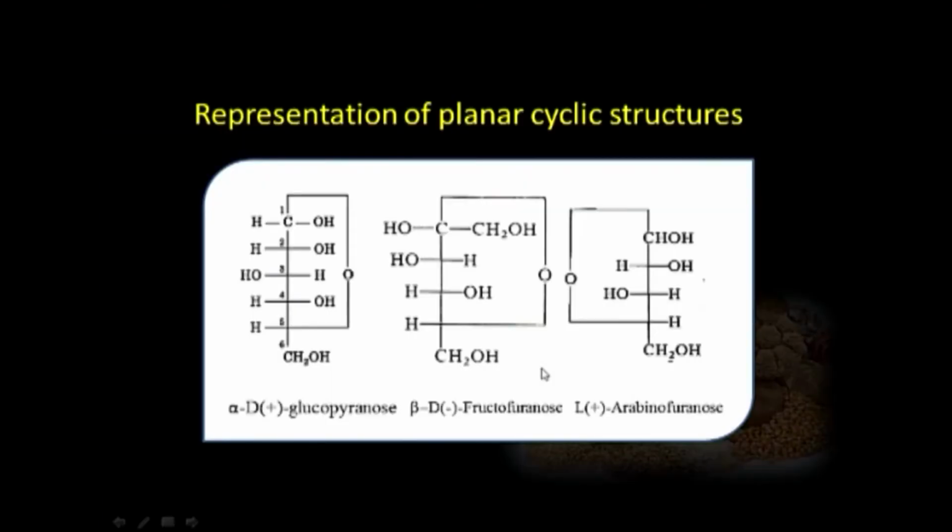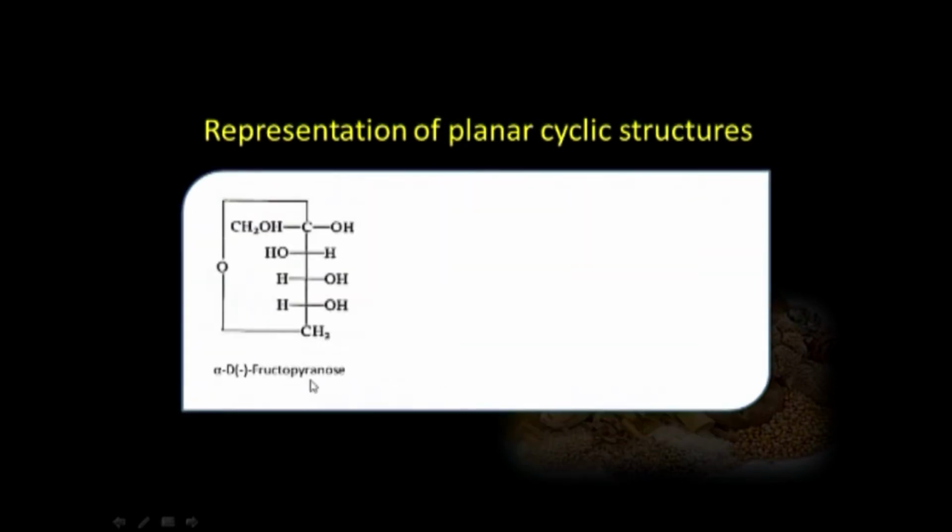But the problem comes if this CH2OH, the bottommost hydroxyl group, is involved in the ring formation, such as in this 6-membered structure for fructose, fructopyranose. It is levorotatory but belongs to the D series.